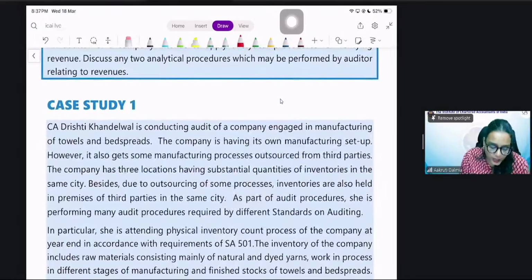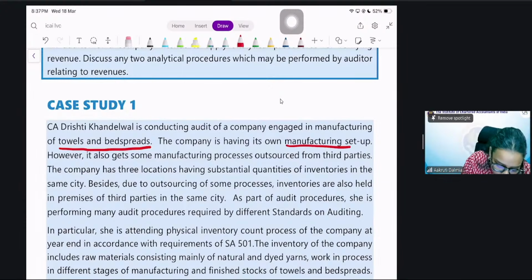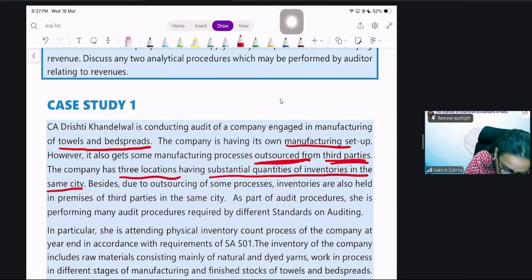CA Drishti Khandelwal is conducting audit of a company engaged in manufacturing of towels and bedspreads. The company has its own manufacturing setup. However, it also gets some manufacturing processes outsourced from third parties. The company has 3 locations having substantial quantity of inventory in the same city. Besides, due to outsourcing of some processes, inventories are also held in the premises of third parties in the same city.